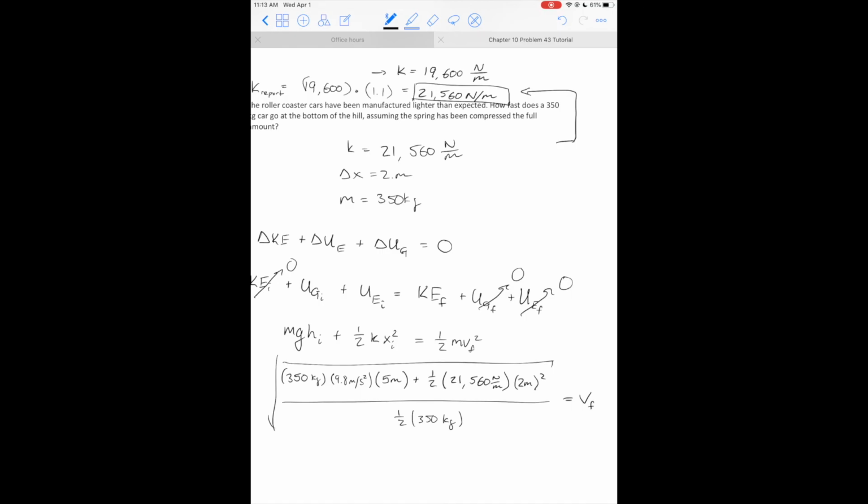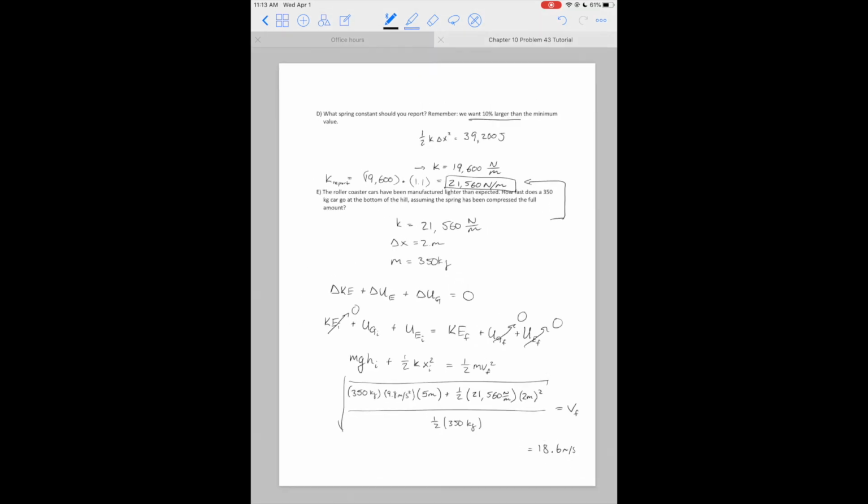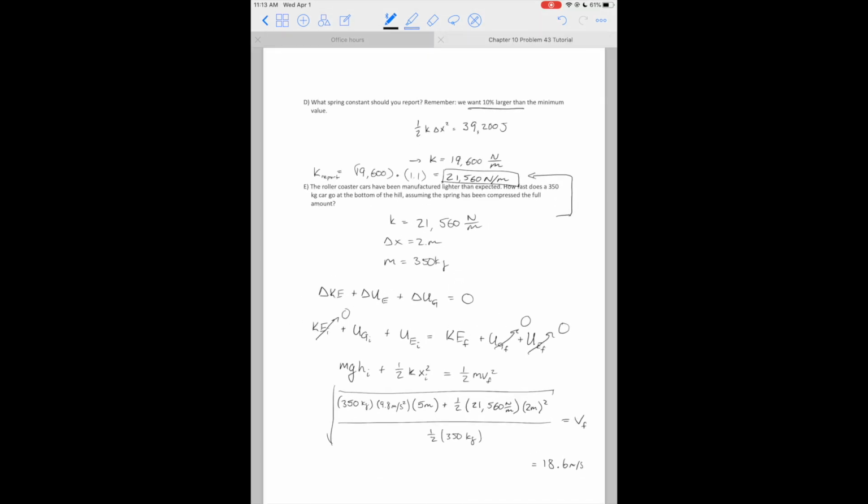That's in a parentheses. Make sure you have all your parentheses set, otherwise you're going to have a bad day. And I get 18.6 meters per second for this velocity of the cart at the bottom of the hill, assuming that it's a little bit lighter than what we had before.